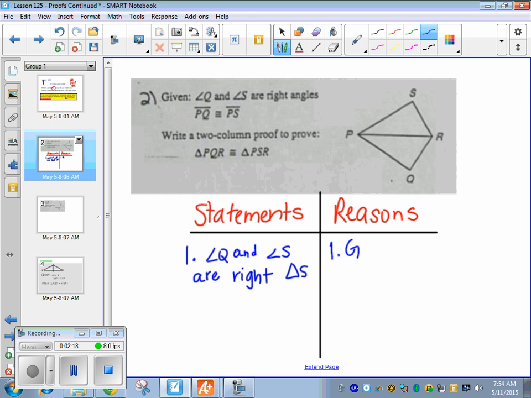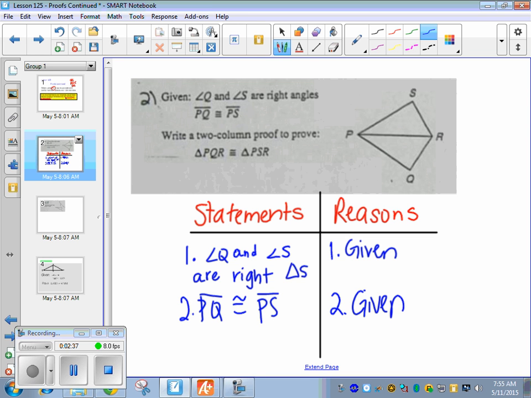And our reason is given. Okay, and the next given one is right here, PQ is congruent to PS, and that is given.